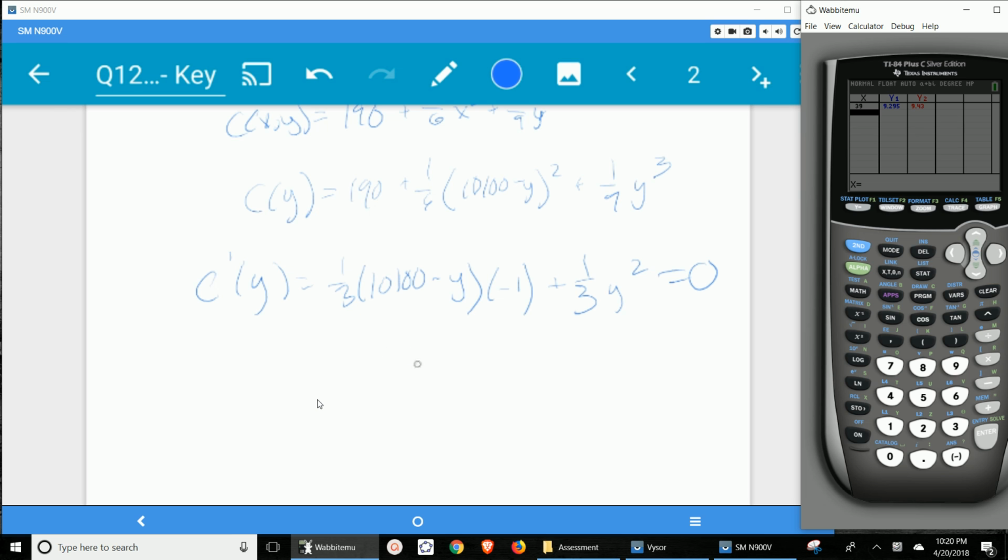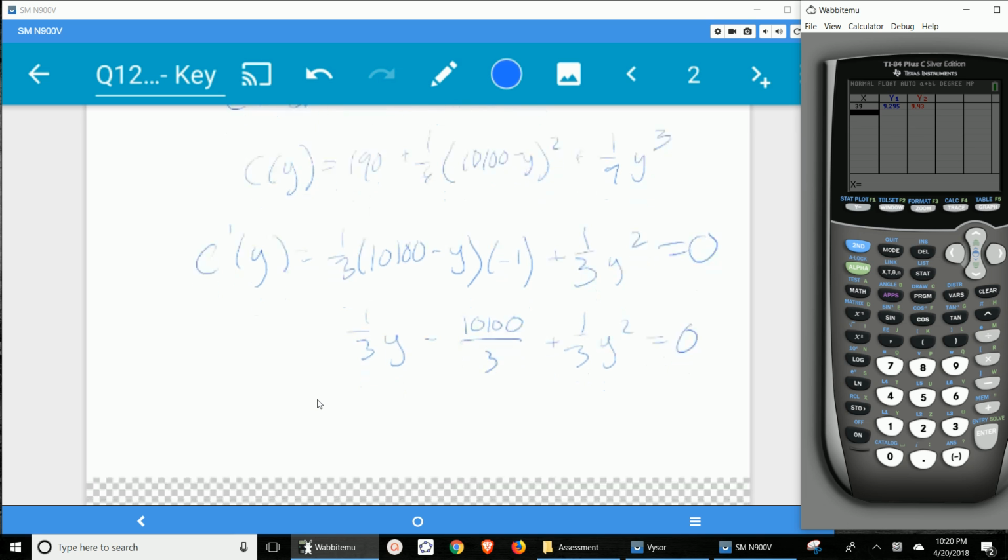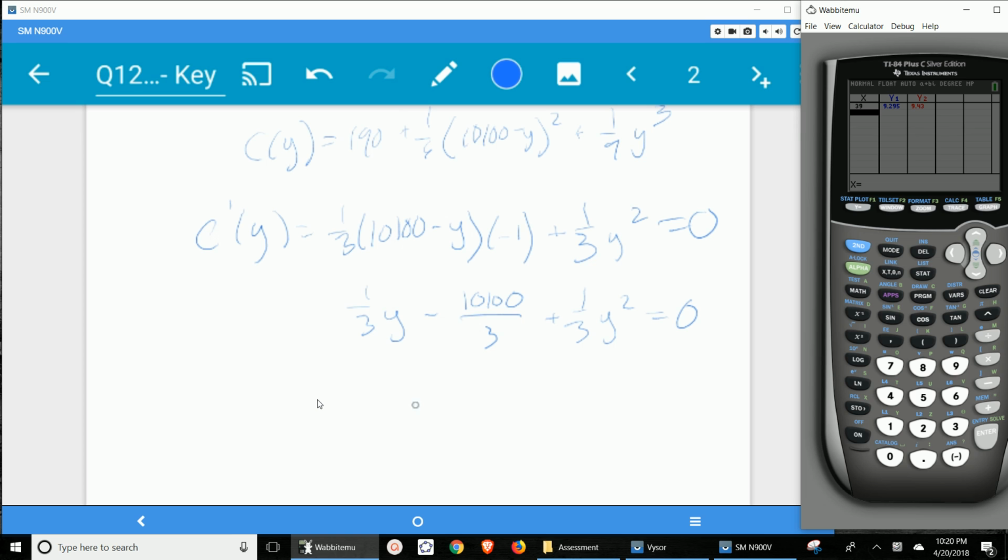So this becomes 1/3 y minus this thing over 3, right? Plus 1/3 y squared equals 0. And multiply by 3. So y squared plus y minus this is 0.